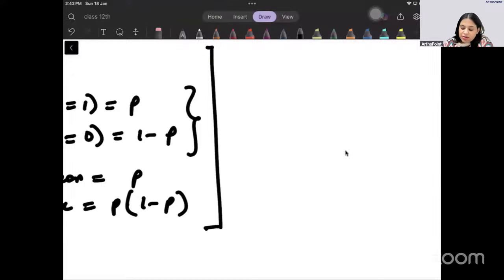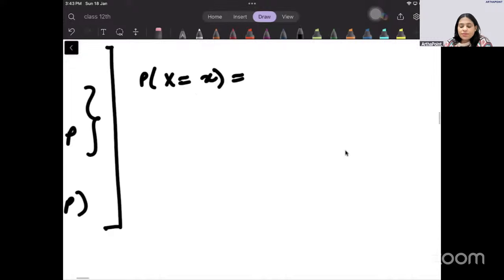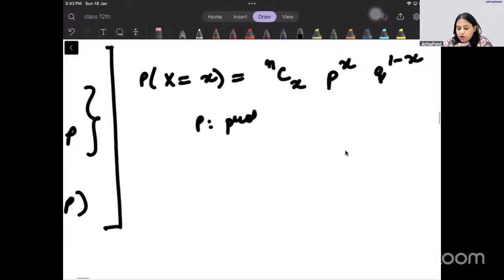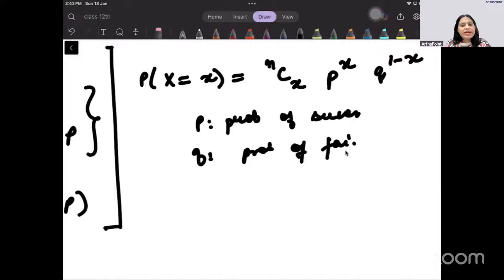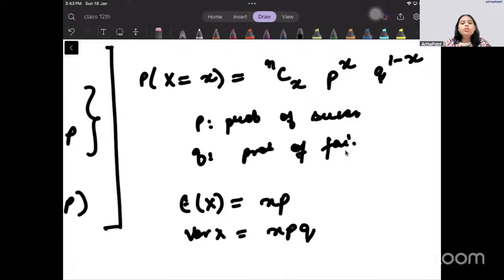So in this, the probability of X equal to x becomes nCx p to the power x q to the power n minus x, where p is probability of success and q is probability of failure. ठीक है. The mean in this case becomes n into p and the variance of this becomes n into p into q.